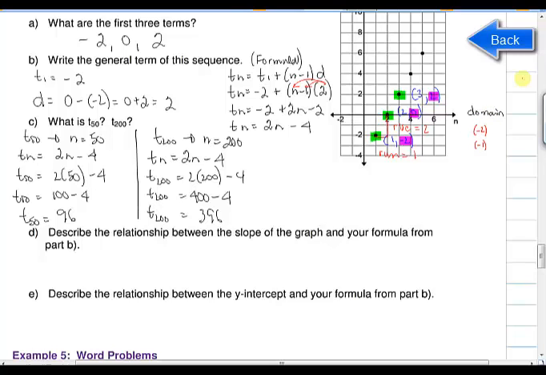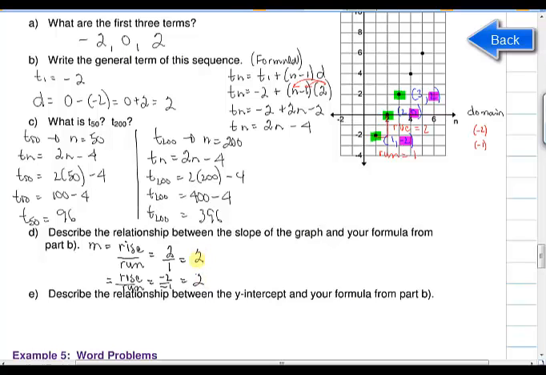And if you recall from last year, the slope, m, is equal to rise over run. Our rise is 2 and our run is 1, so that gives us 2. Even if our rise over our run is negative 2 over negative 1, I would still get positive 2, because a negative divided by a negative is a positive.